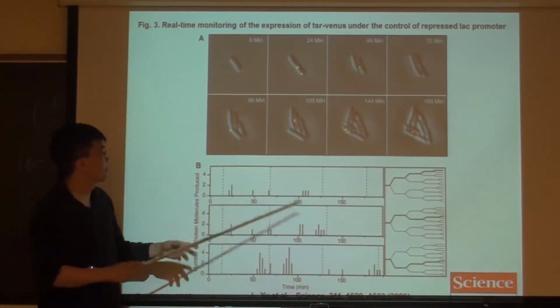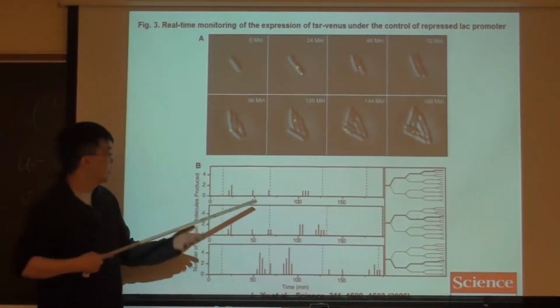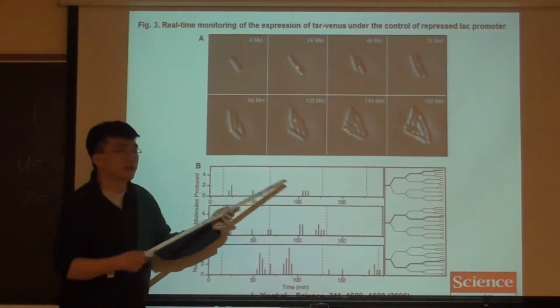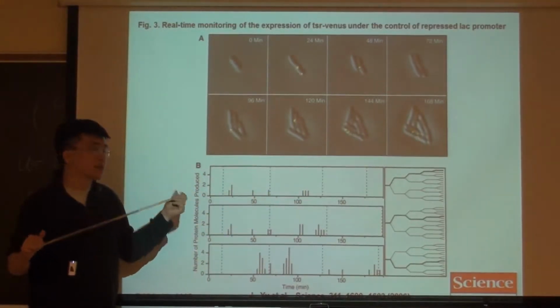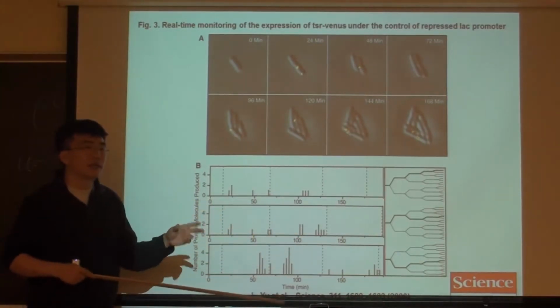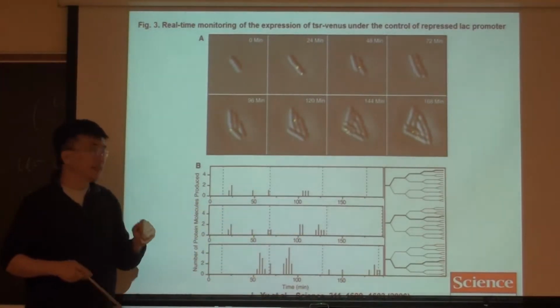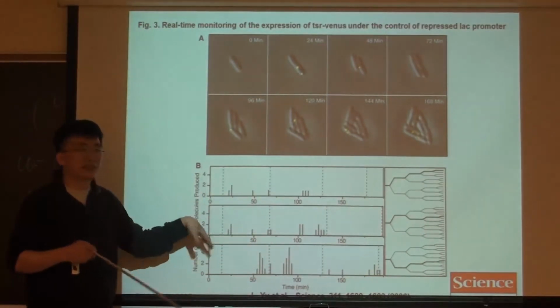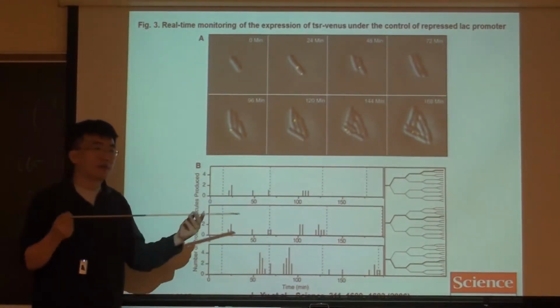So basically, for this lineage of cells, you see like 4 clusters of fluorescence signals. And here you see 5 clusters and so on. And you can notice that just from looking at it, it doesn't look like the signal is happening randomly. They appear to be clustered.